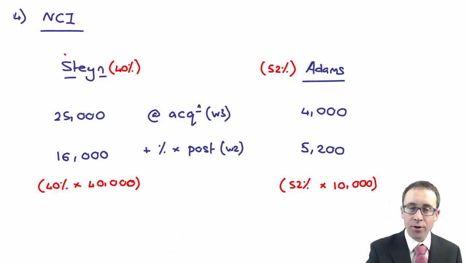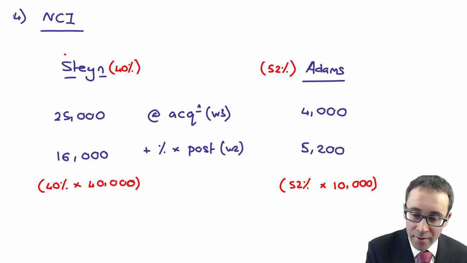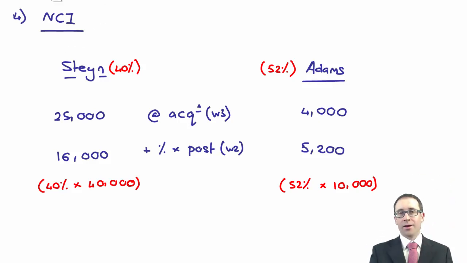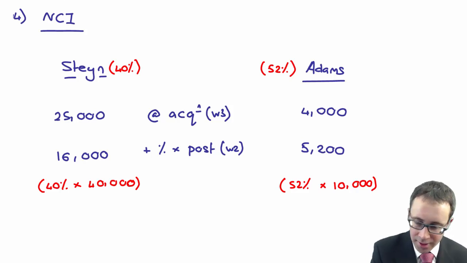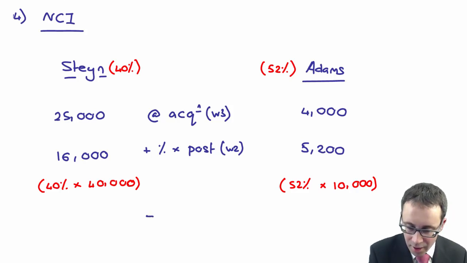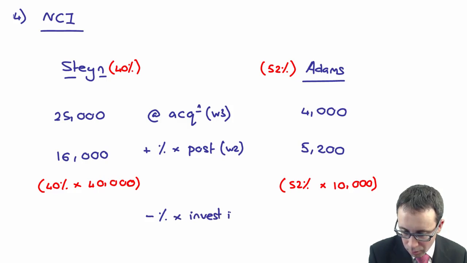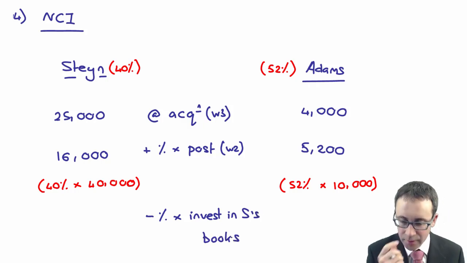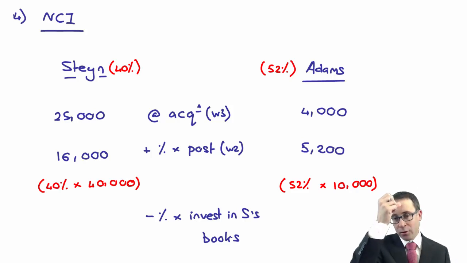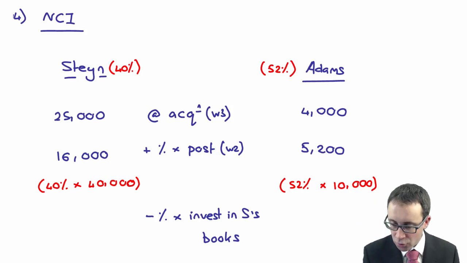It's then that you think, right, I'm done, I'm dusted. Be very, very careful, because remember what you've got to do is that very, very hard adjustment, where you need to take the non-controlling interest share of the investment that is held within S's books, isn't it?